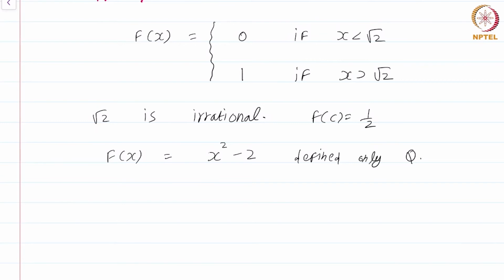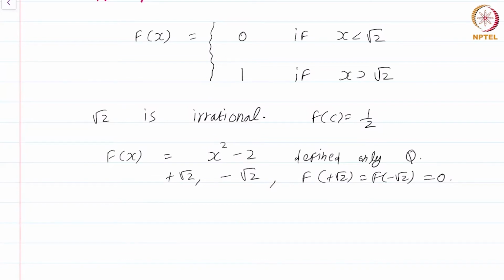Well, is this function ever going to be 0? This function will be 0 precisely at the points plus root 2 and minus root 2. Right? At these points, you have the value 0. At other points, it is not going to be 0, of the real numbers, not just rational numbers.